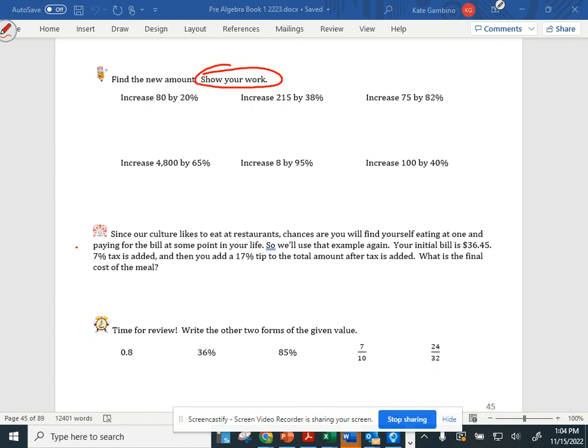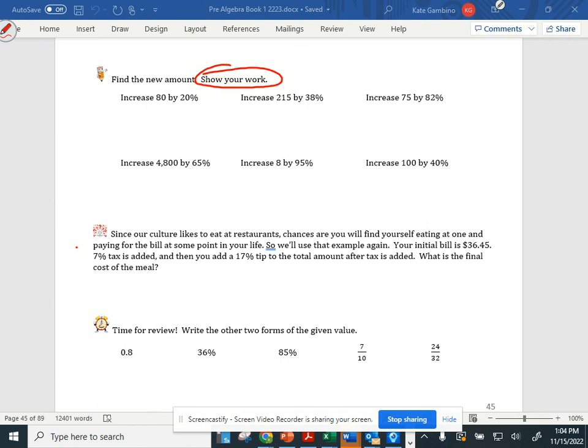What is the final cost of the meal? So just take it one step at a time. Your initial, that's your original amount, 7% increase from that. Now we have a new original amount that we want to do a 17% increase of. So just go one step at a time.